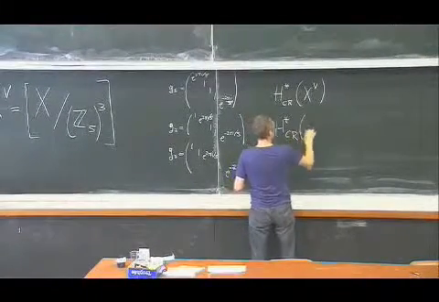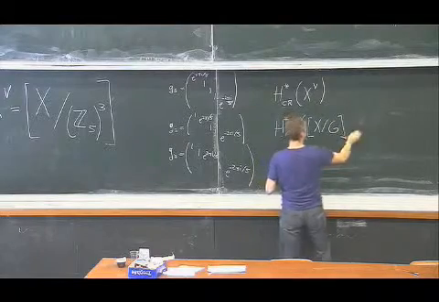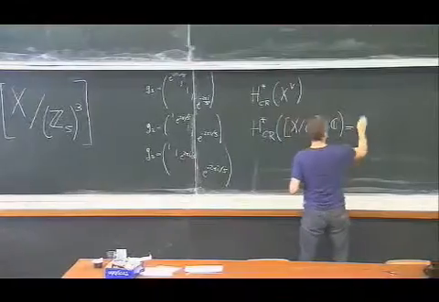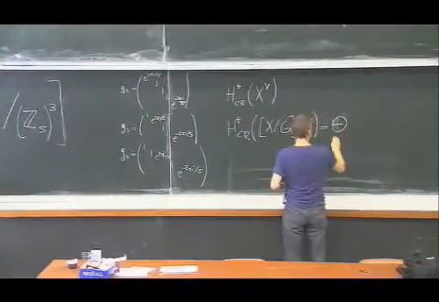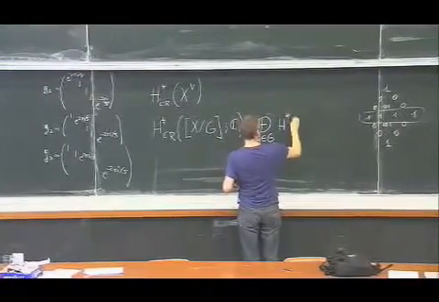Okay, so if I take X mod G, where G is an abelian group, what is this cohomology? Well, as a vector space, you can understand it as follows.